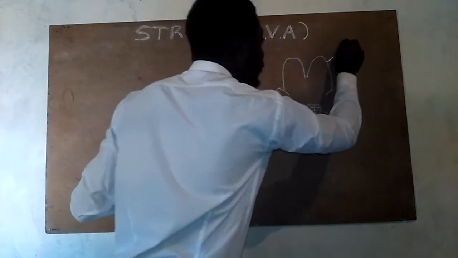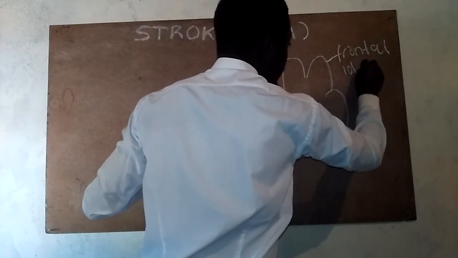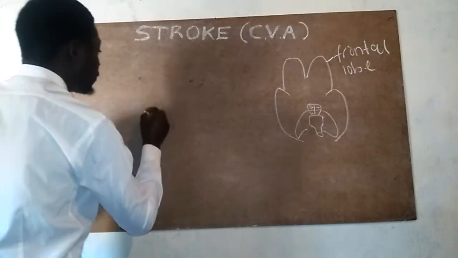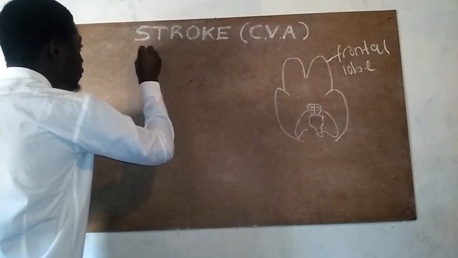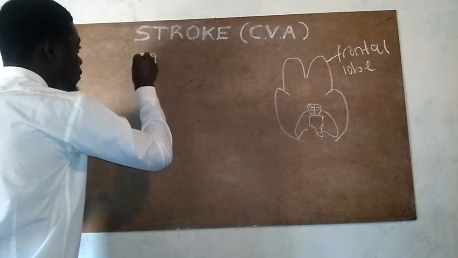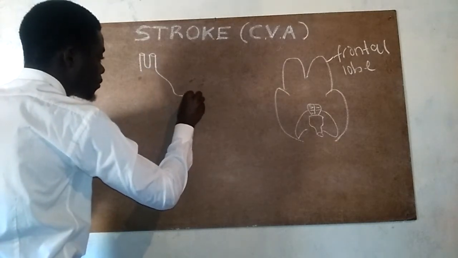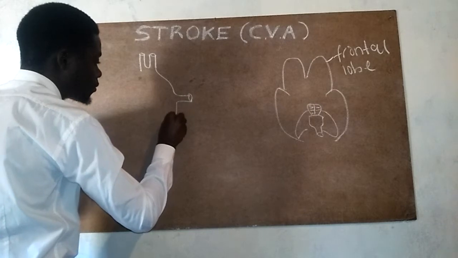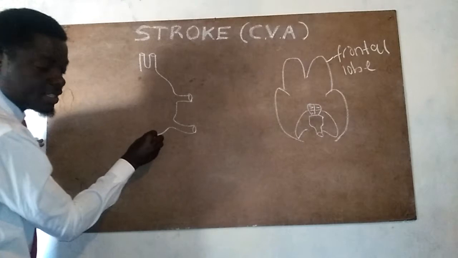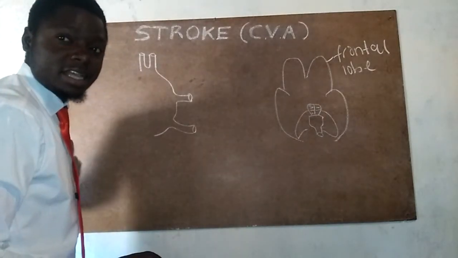This is the frontal lobe, the frontal part. Of course, you can see that it's forming a circle of Willis, probably named after the person that discovered it.